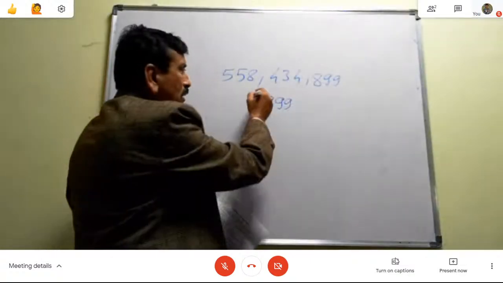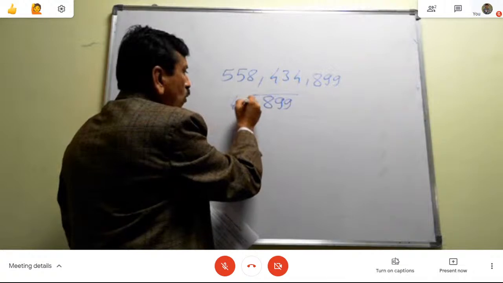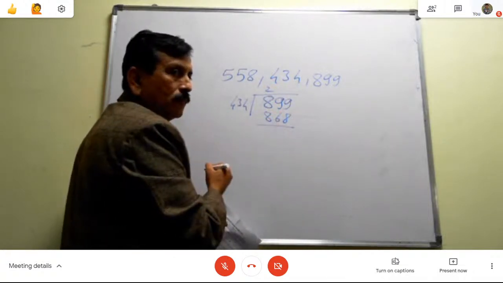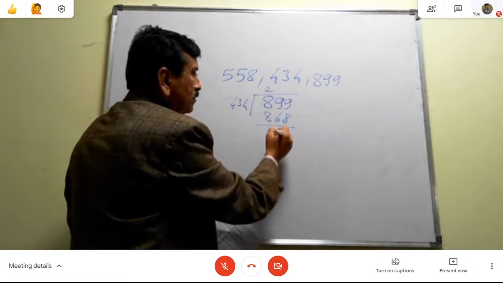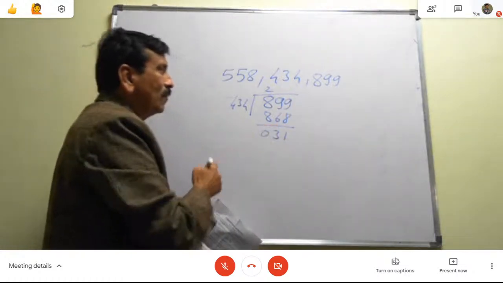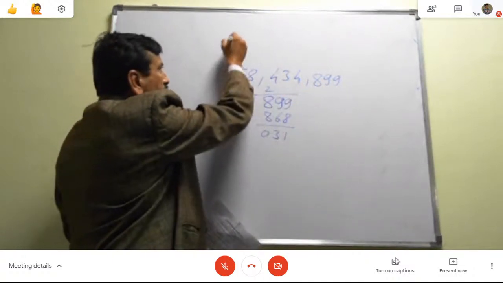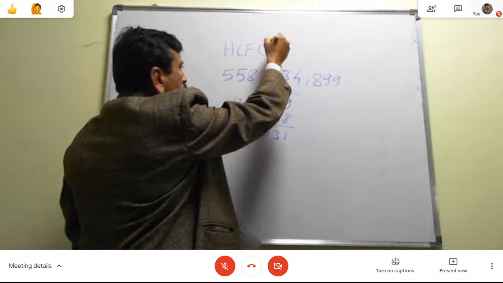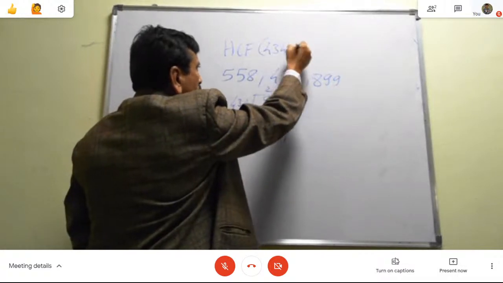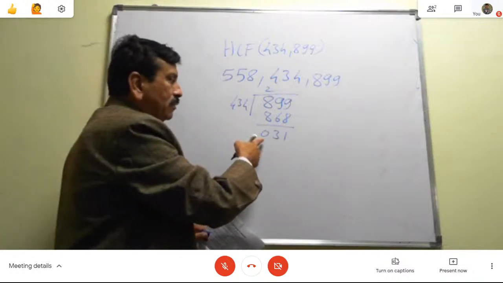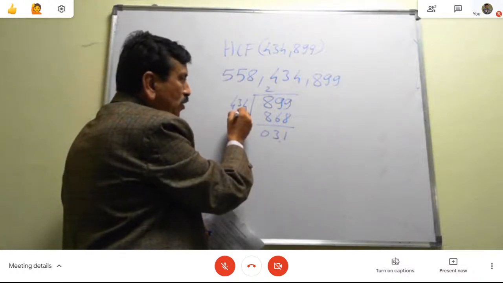899 divided by 434. What are we obtaining? We are obtaining the HCF of 434 and 899 by this method. Now we got this as remainder and this was the divisor.